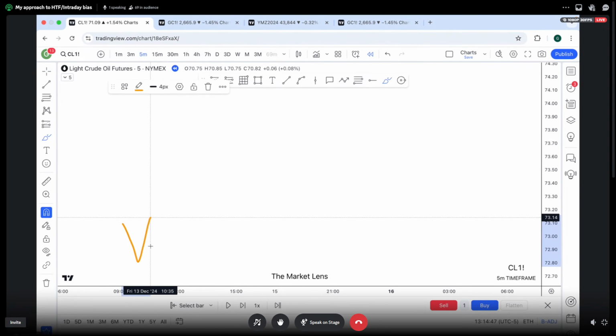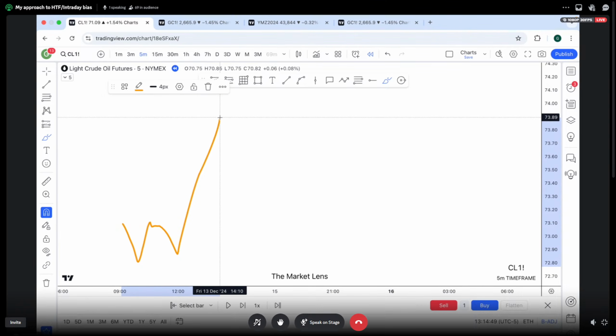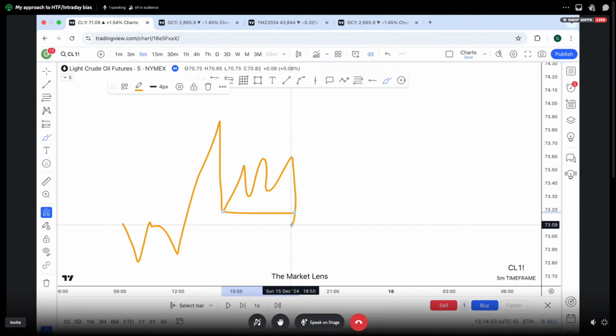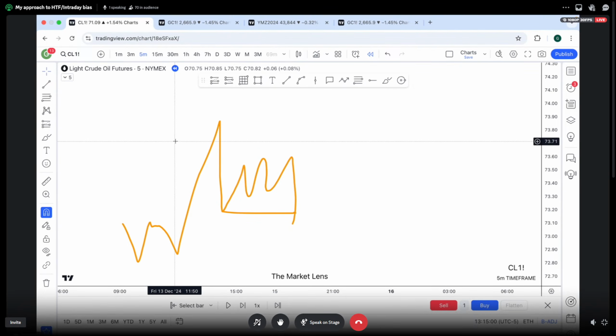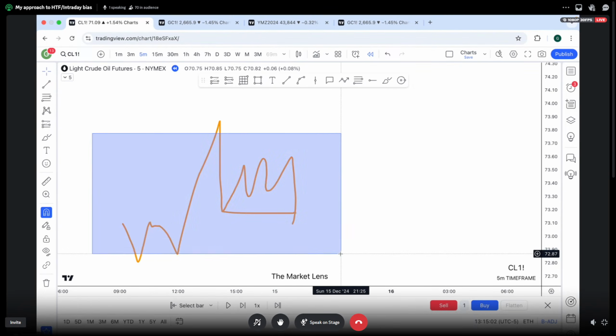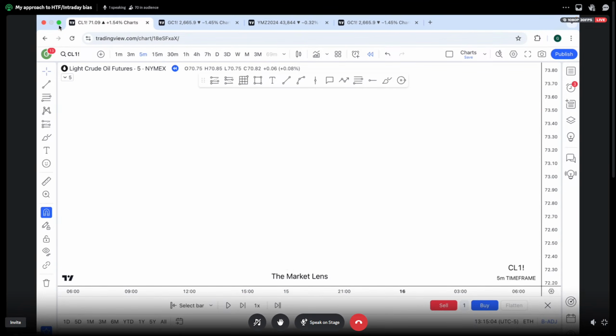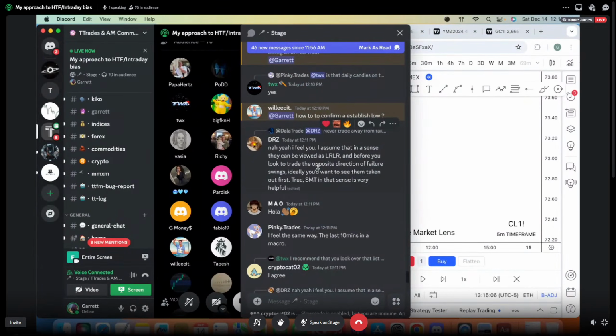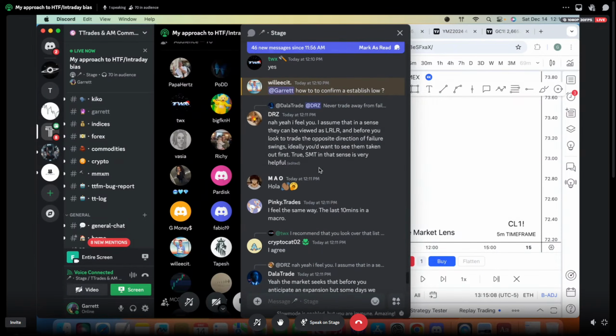Let's say Asia lows are here, we expand away, and we come back. If we just take out this low, I don't really count that as an established low. I need to take out the actual low of the day, forming the high of the day. That's how I would actually view it. That's probably a good way to explain it, right? It must be the higher low of the day, pretty much, damn near.